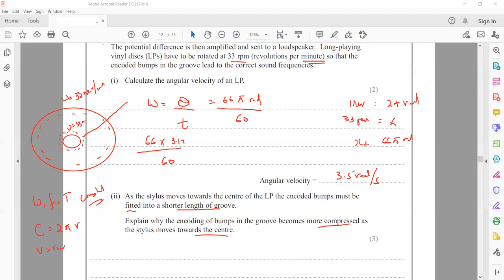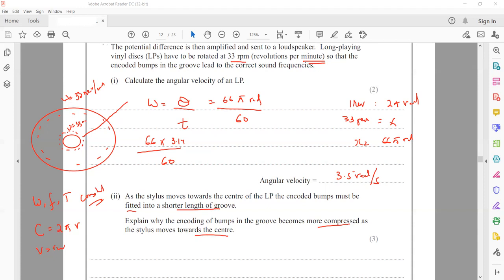As the stylus moves towards the center, the linear speed, this r, is getting smaller.